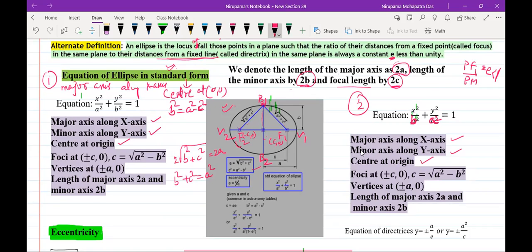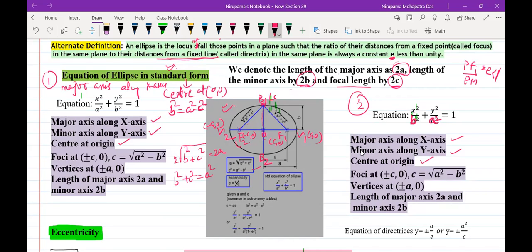So it shows the ellipse is a symmetric figure. Vertices at (±a, 0). I mean the length V1 V2 is 2a, so if O is the origin, O V1 is a. That is called the semi-major axis. V1 is (a, 0) and V2 coordinates are (−a, 0).